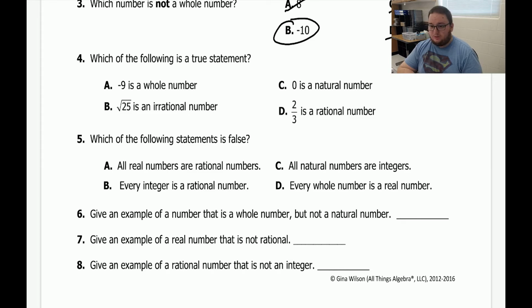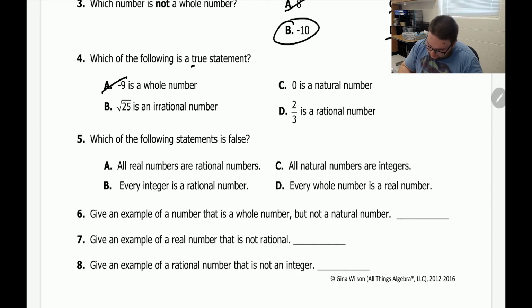A, negative 9 is a whole number. Remember that the whole numbers are the counting numbers plus 0. And can you think of negative 9 things? No. So that means that it is not a counting number and it's not 0. So it means that it's not going to be a whole number. So A is a false statement.